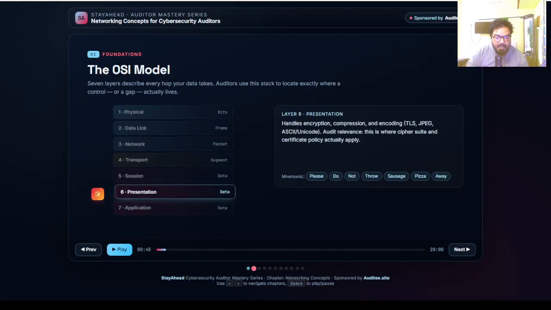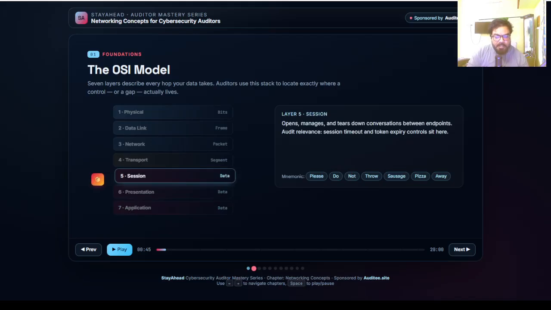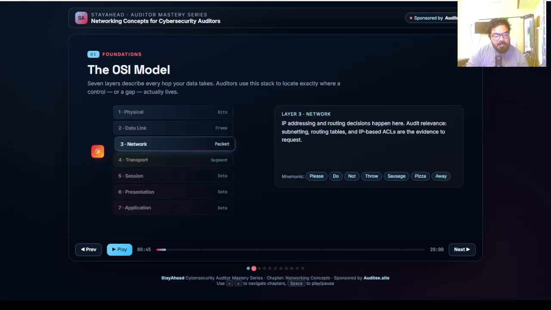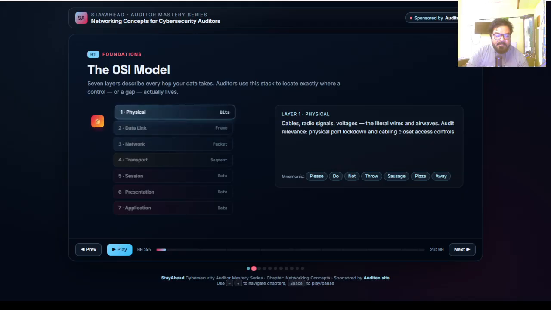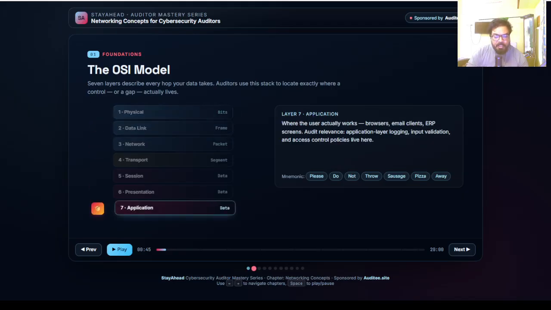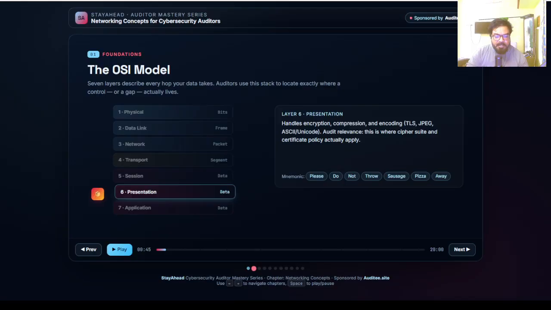Every piece of data that crosses a network passes through seven conceptual layers. The OSI model, starting at the top: layer 7 application is where the user actually works: browsers, email clients, ERP screens. Layer 6 presentation handles encryption, compression, and encoding. This is where TLS cipher suites and certificate policy really live.